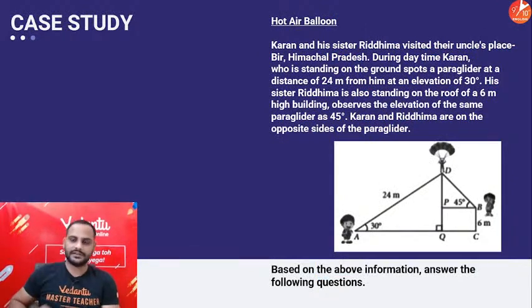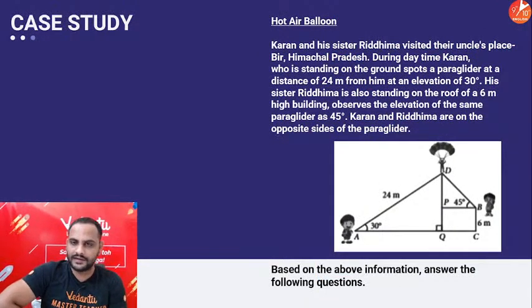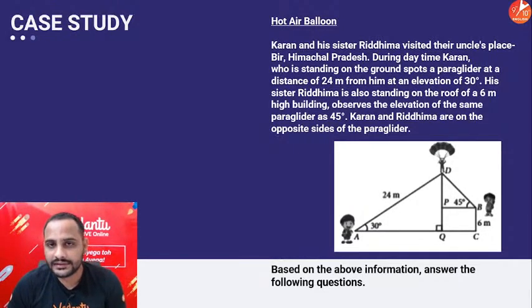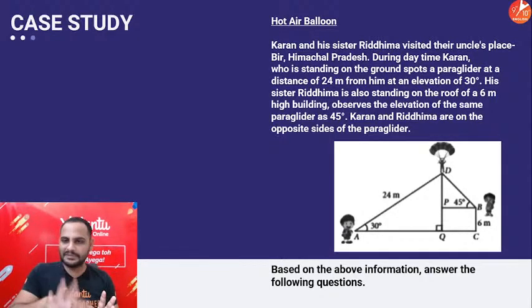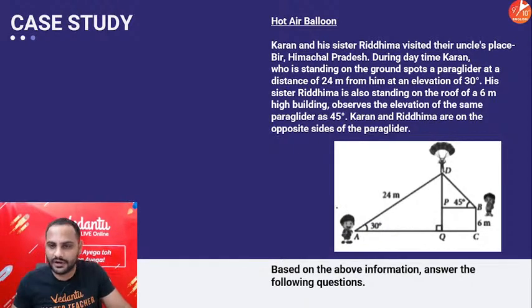Okay, next question देखते हैं. अब देखो ये question ध्यान से, read this question first. Karan and his sister Riddhima, ठीक है, one of them is Karan, one of them is Riddhima, visit their uncle's place Bir, which is in Himachal Pradesh. During daytime, Karan, who is standing on the ground, so this is your Karan, ठीक है, and then obviously this is Riddhima.